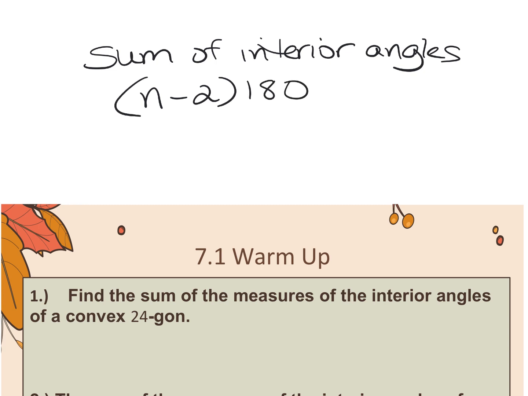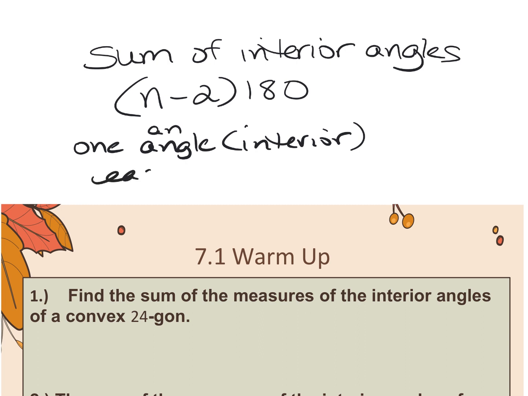That's the formula that you needed to use for number 1 on this first 7-1 warm-up. If it said to find the measure of one angle or one interior angle, it may say an angle, or it could say each angle.